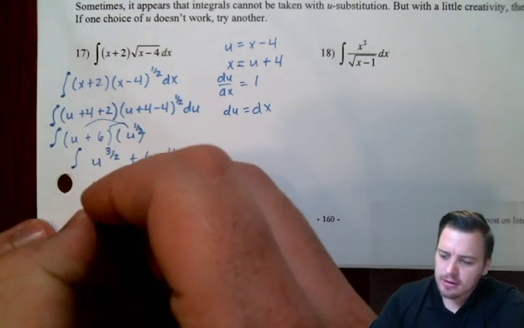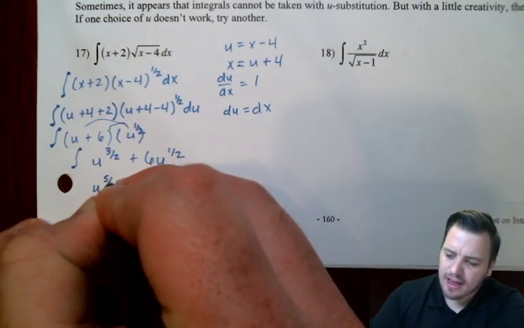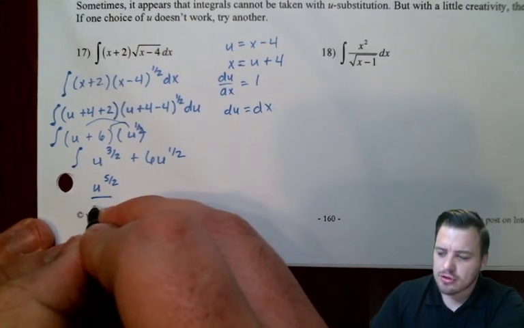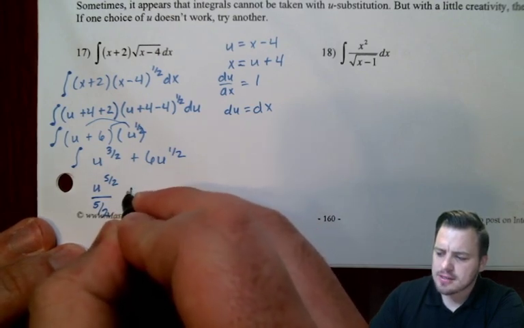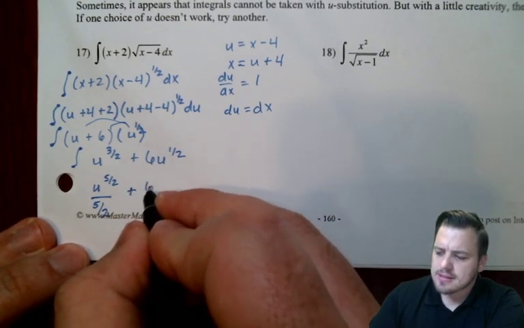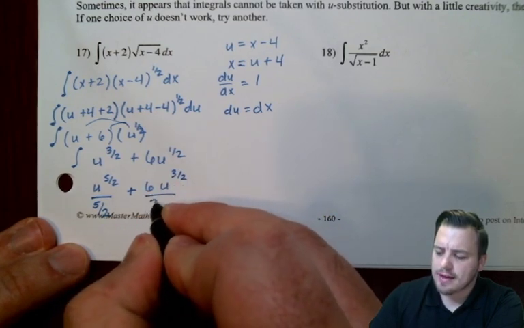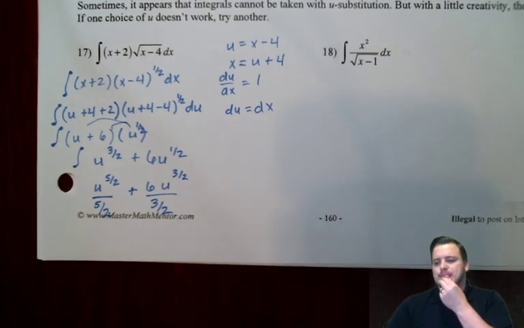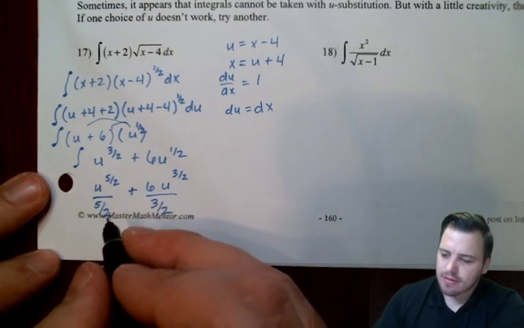Then if I integrate now, taking the antiderivative, u to the 5/2 over 5/2 plus 6 times u to the 3/2 over 3/2. And then that would give me my final answer.